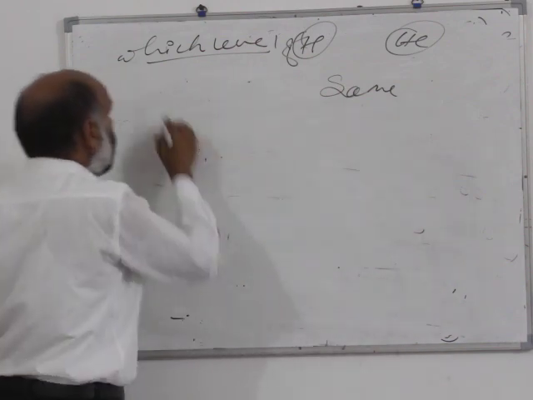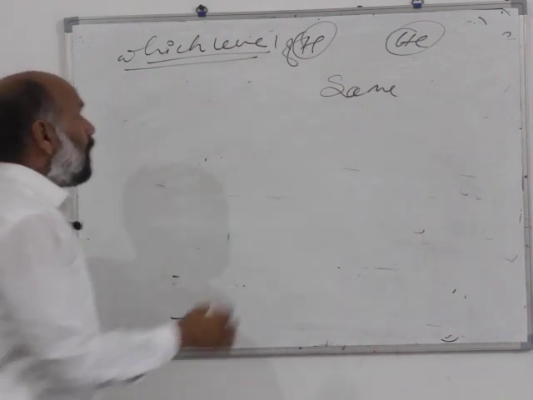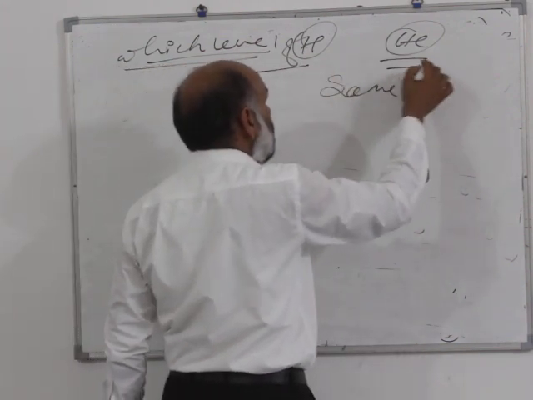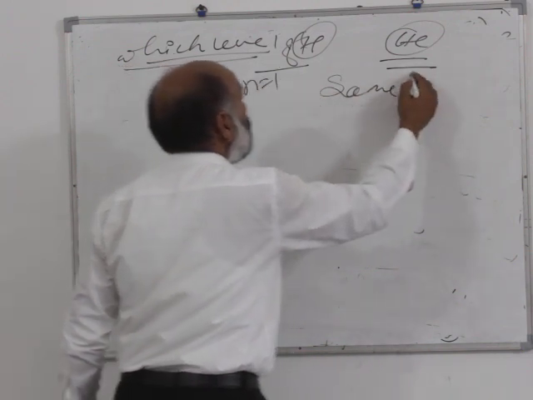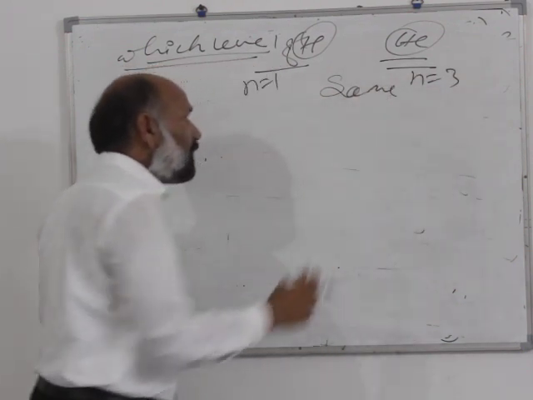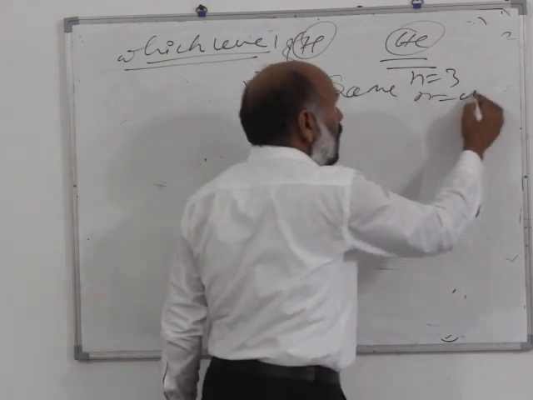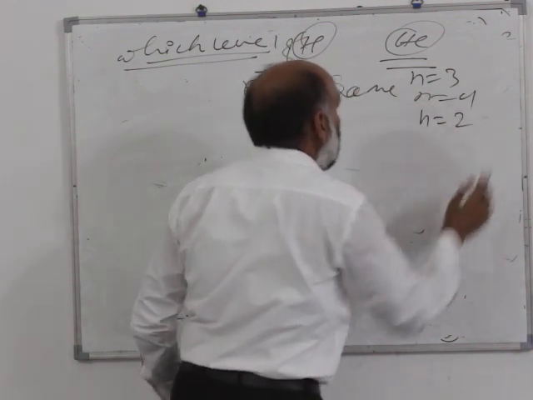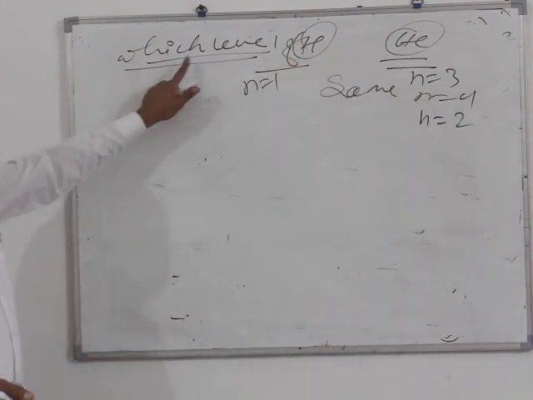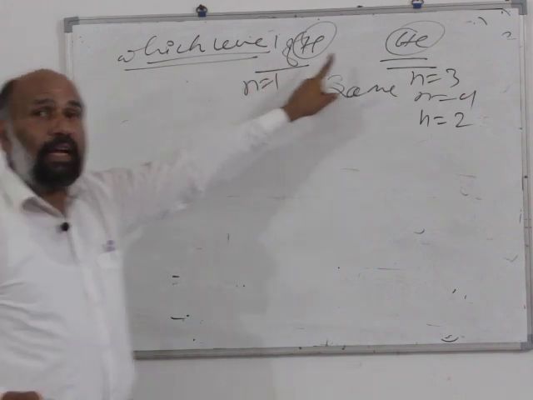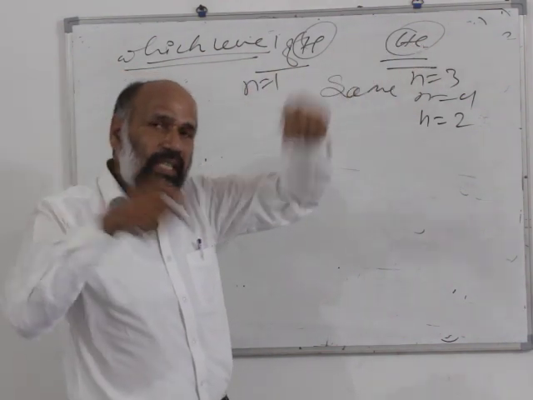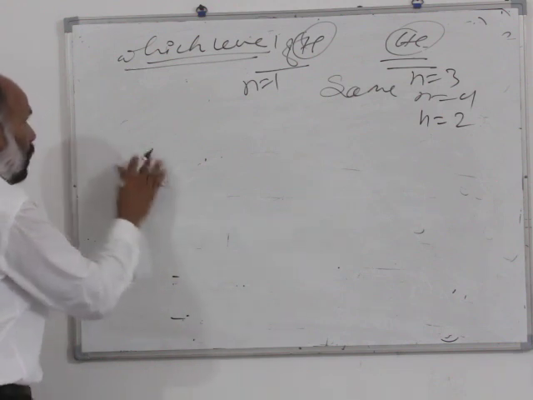Suppose n equal to 1, so here n equal to 3, may they have the same energy? No. So n equal to 4, they may have the same energy. N equal to 2. Let us calculate. Again revise the question. Which levels of hydrogen and which level of helium will have the same amount of energy? This is the question.